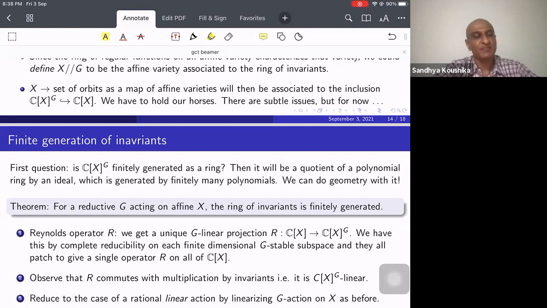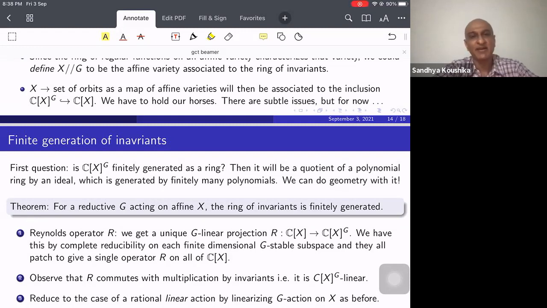So in this case, the coordinate ring of X is simply going to be a quotient of the polynomial ring corresponding to the ambient space. And the invariants of the respective rings will also be a quotient.